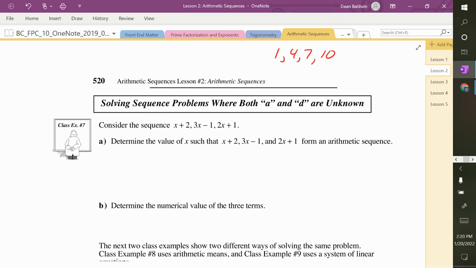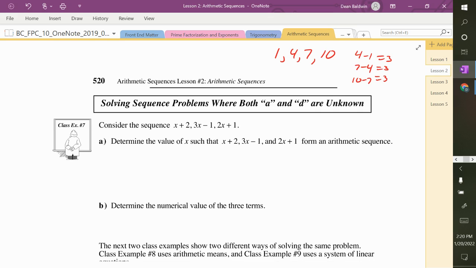You can either go 4 minus 1, or 7 minus 4, or 10 minus 7. It doesn't matter which terms you subtract, as long as it's the term in front subtracting the term behind. You need to get all the same one.